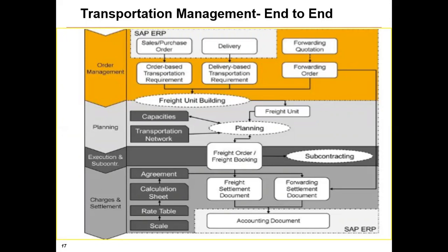So where to define the scales? We define the scales in purchase info records or customer info records or maybe quota arrangements, that's all. And we pull the scales data from those documents to the main documents like purchase order, contract, sales order and so on. Understood or not?